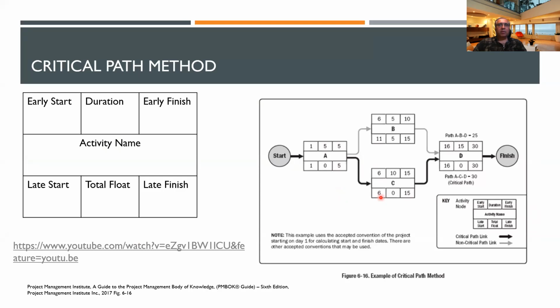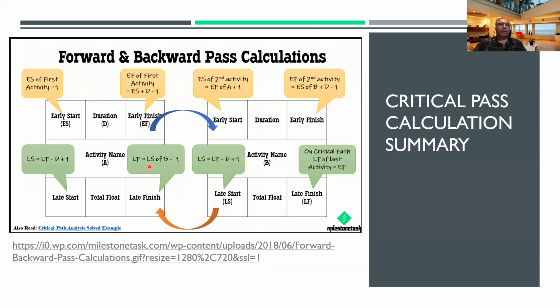So 6, we will minus 1 here. So that is the activity that we do here. When we take the late start of B, we have to minus 1, and that will be the late finish of this. And then same thing here, we do minus the duration plus 1.